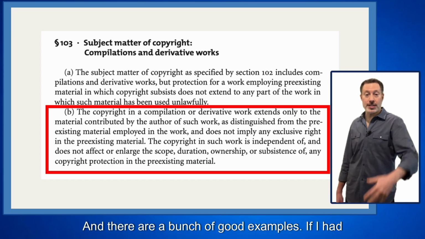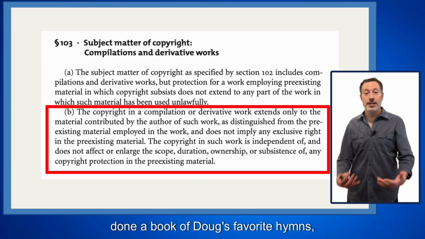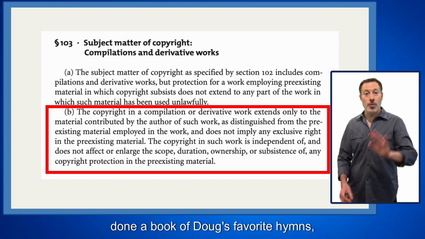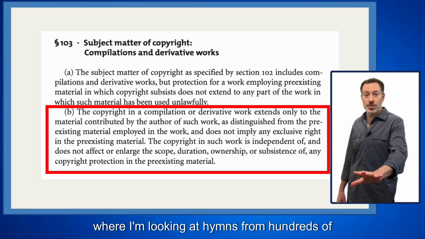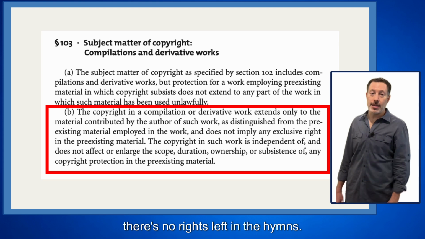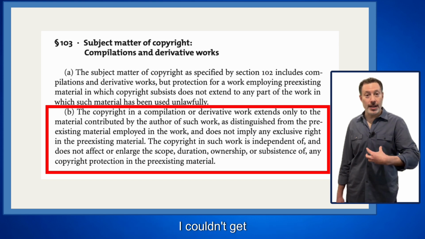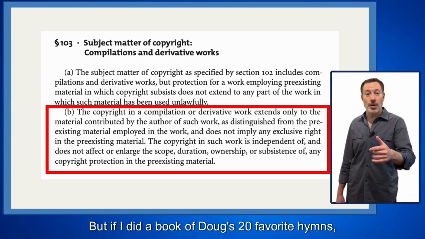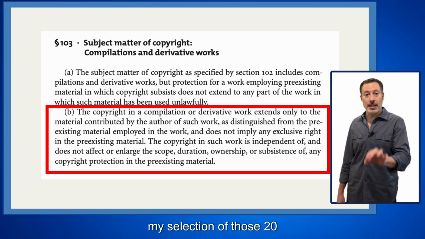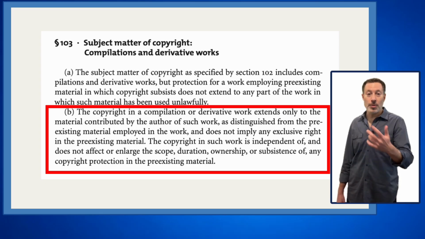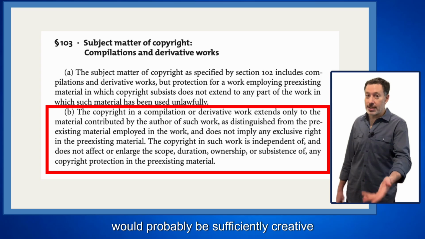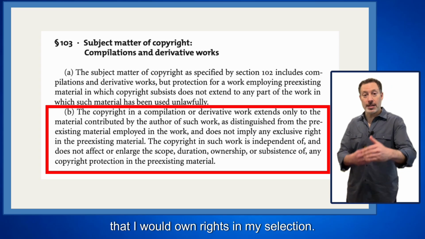And there are a bunch of good examples. If I had done a book of Doug's favorite hymns, where I'm looking at hymns from hundreds of years ago, there's no rights left in the hymns. I couldn't get rights in the hymns, but if I did a book of Doug's 20 favorite hymns, my selection of those 20 would probably be sufficiently creative that I would own rights in my selection.